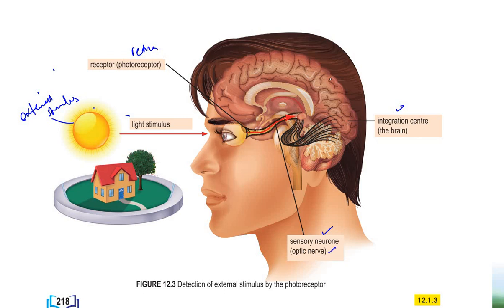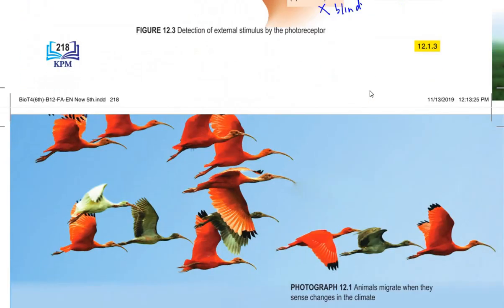If the optic nerve does not function, the person will become blind, because the nerve impulse cannot be sent to the brain, so the brain cannot interpret what you see. If the optic nerve is okay, we can see the object. So this is the detection of an external stimulus by the photoreceptor.